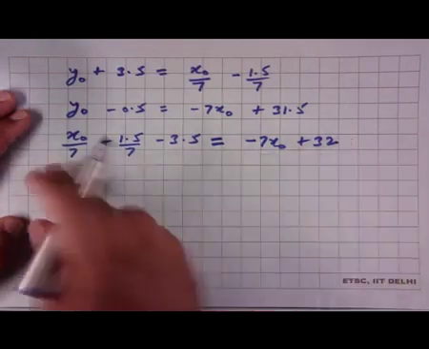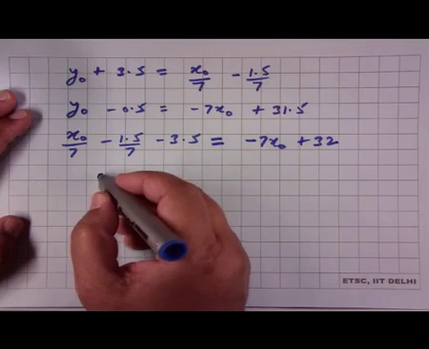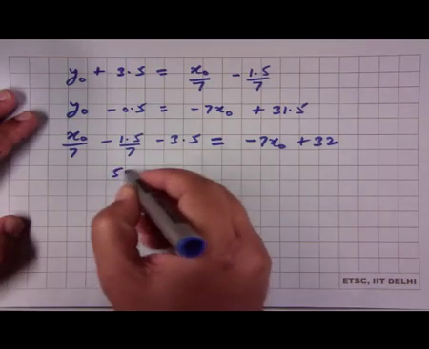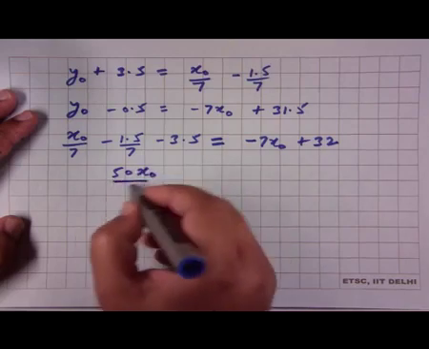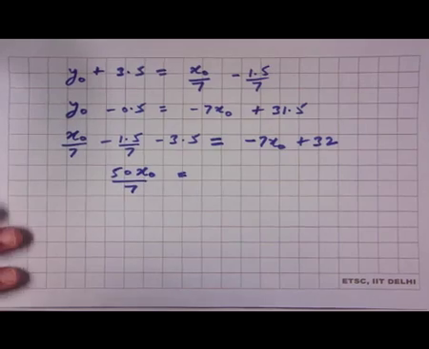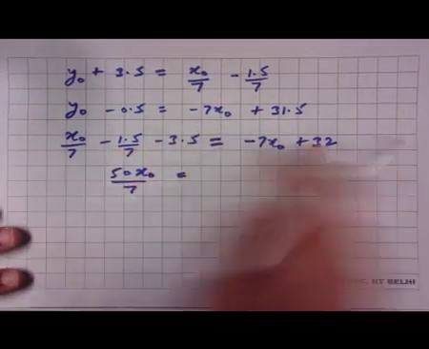and then we can get that x naught by 7 equals, so we have to take this on this side.